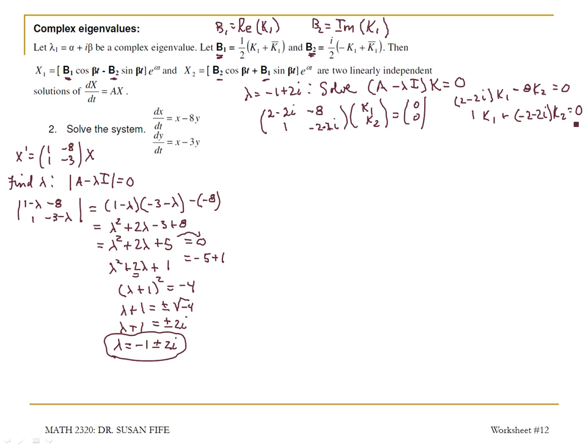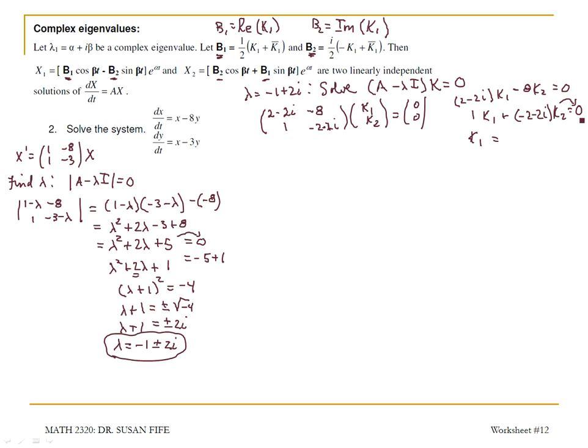This system is going to be dependent, and you could prove that it is by trying to cancel it out. But since I know that it's going to be dependent, I'm just going to solve this second equation for k1.